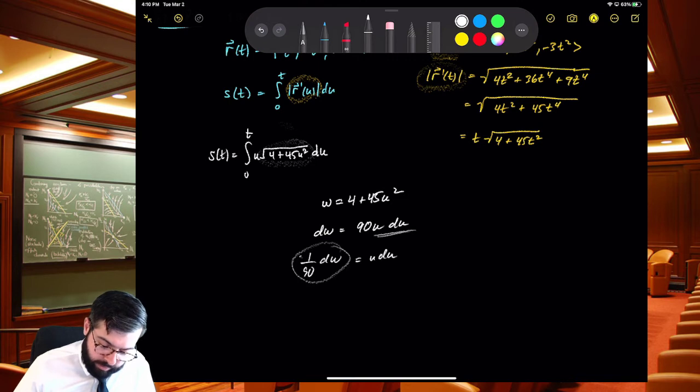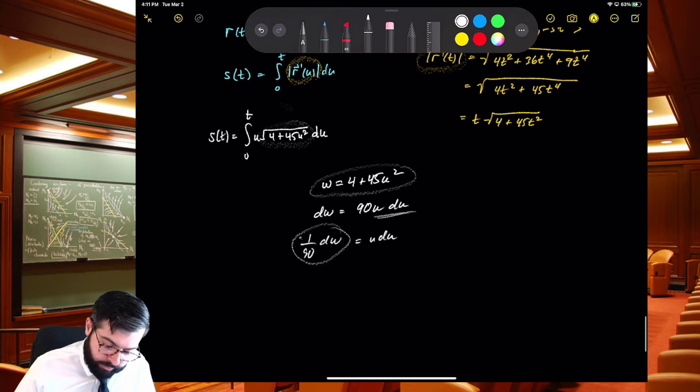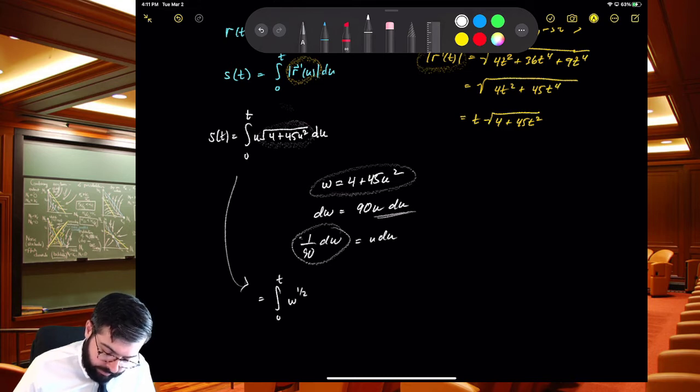So now we can make our full substitution, right? So we get w to the 1/2. 1 over 90 comes out front. dw, which becomes 1 over 90, right?